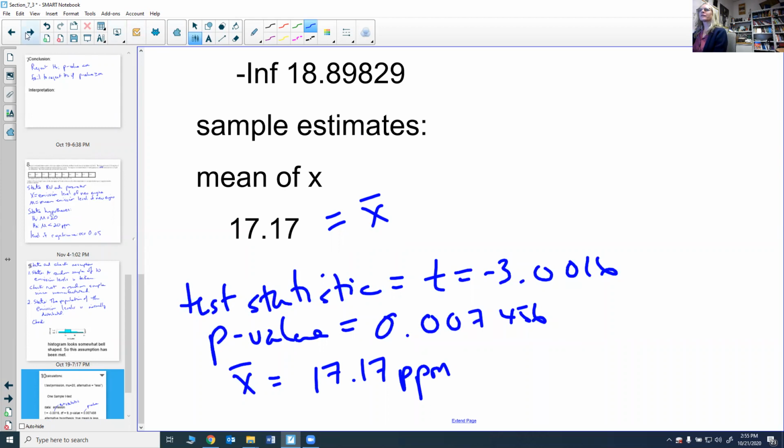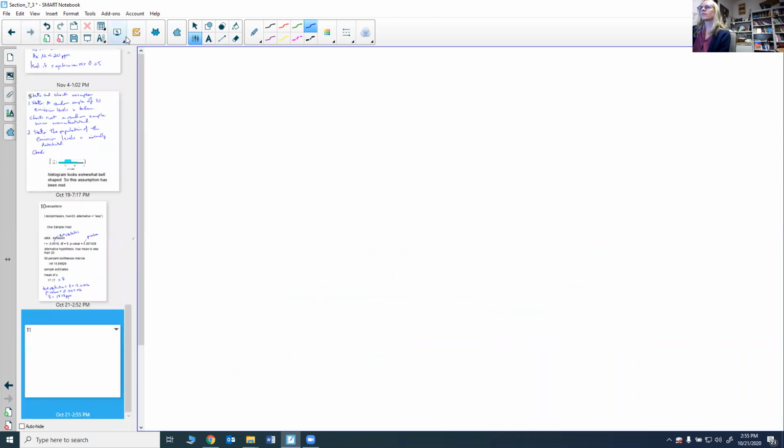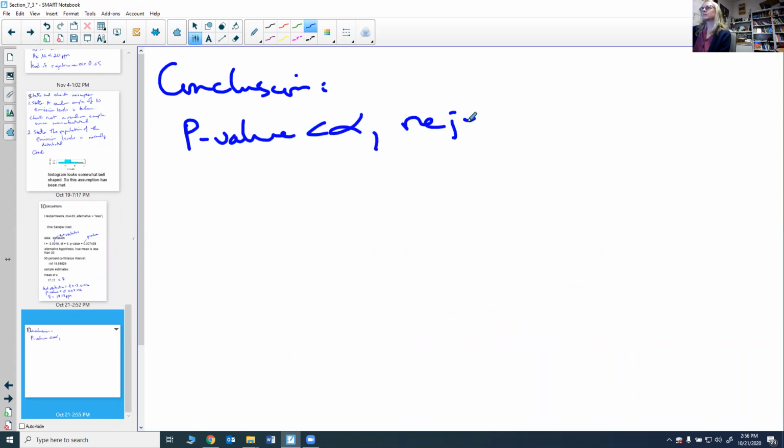And so now we're at the step of conclusion. Because my p-value is less than my alpha level, I'm going to reject H0. And then we can get to our interpretation. So that's your conclusion. That's all you have to say for your conclusion.